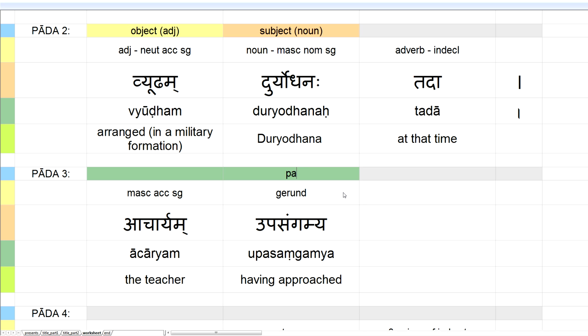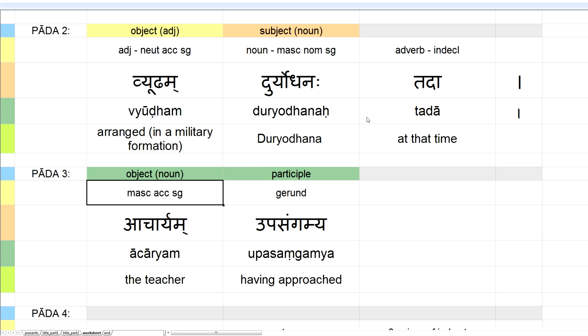I'll write participle again, and then we have the object of the participle. The participle controls acaryam, giving it the accusative.